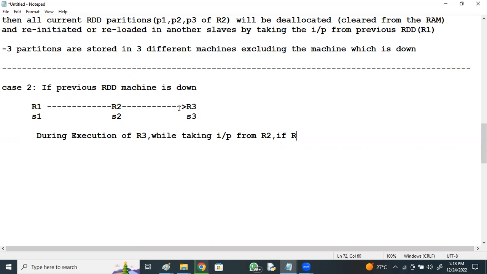During computation of R3, while taking input from R2, suppose R2 failed. Understanding: R3's input is R2, and while taking input from R2, suddenly R2 failed.